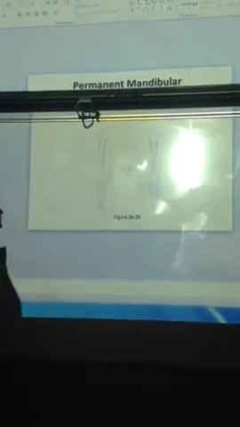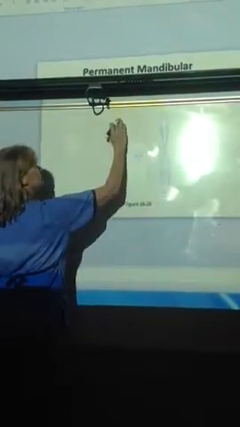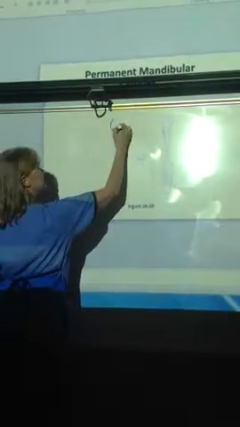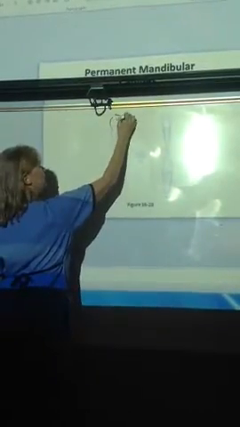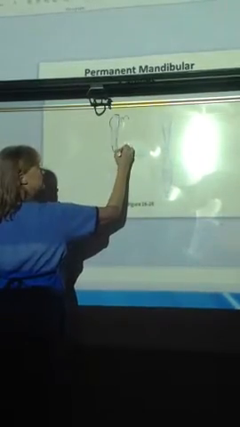Looking at this canine, which side would you say is my mesial? Which one has the longer angle? No, the other one. So this is my mesial. Where is my root incline?